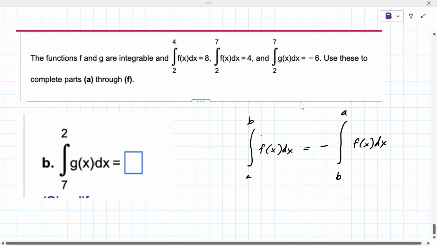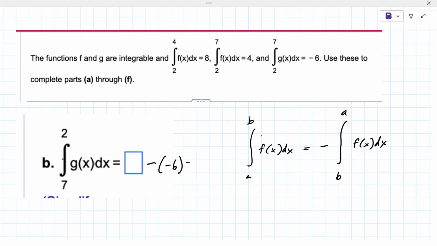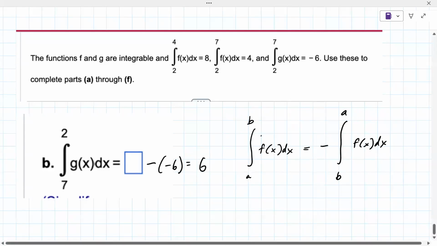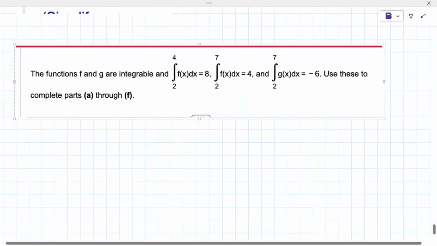In your problem, the original is -6. When you flip the bounds, you negate that and it becomes 6. These are not difficult, but you have to know the properties. They're all like add, subtract, multiply by -1. There's no real calculus in this, even though you're in a calculus course.